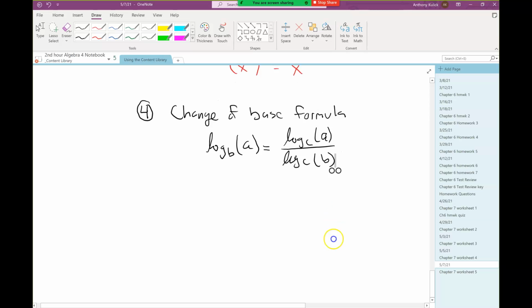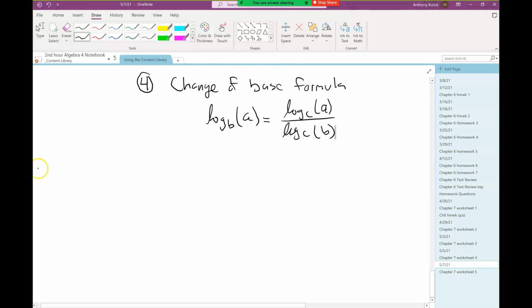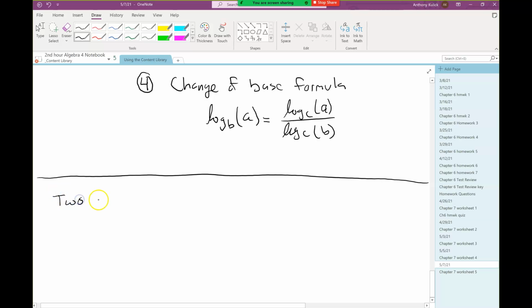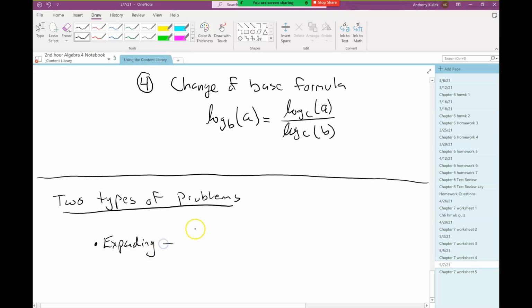So those are the 4 can-dos, those 4 properties. In this section, we're going to ask you to do two types of problems. One of them is called expanding, and the goal here is to write a single logarithm as the sum or difference of many logarithms.